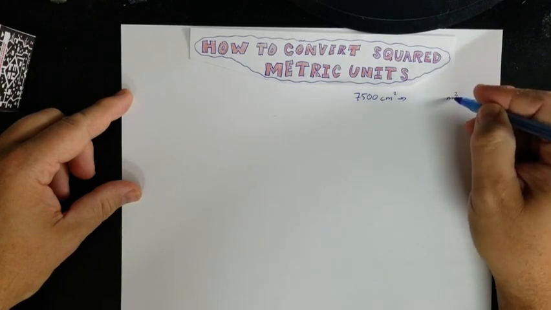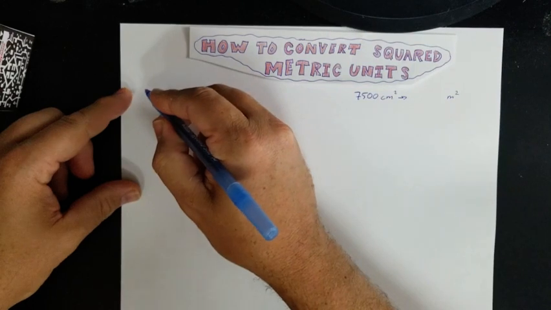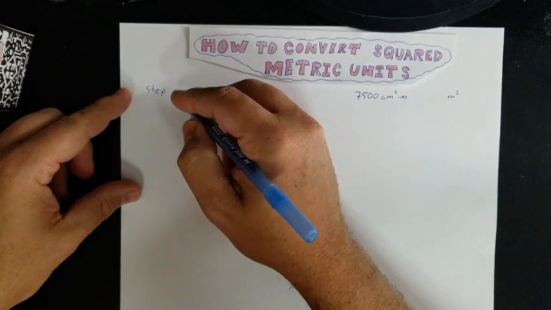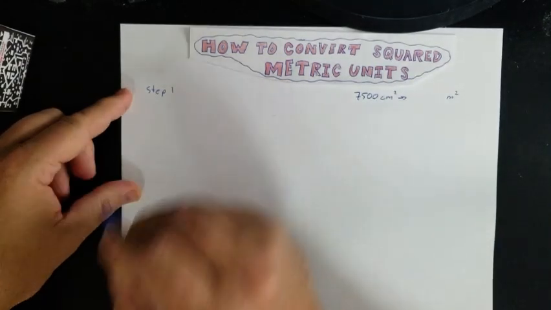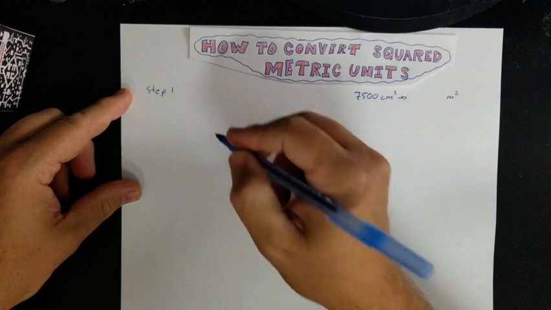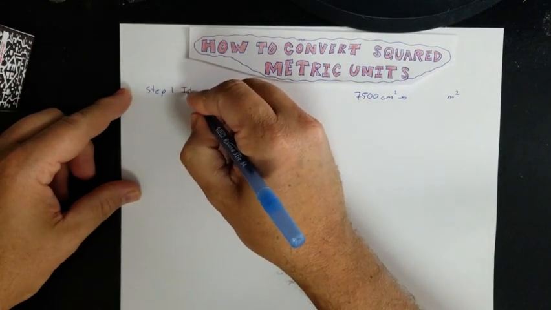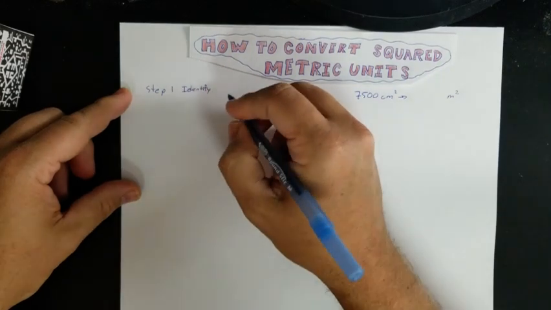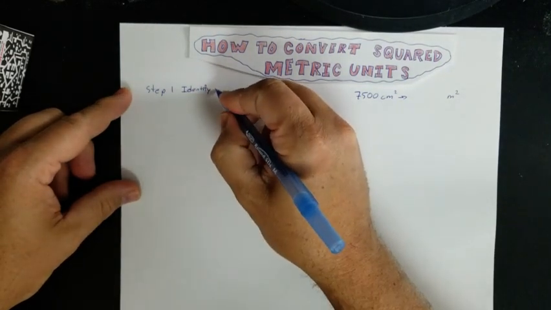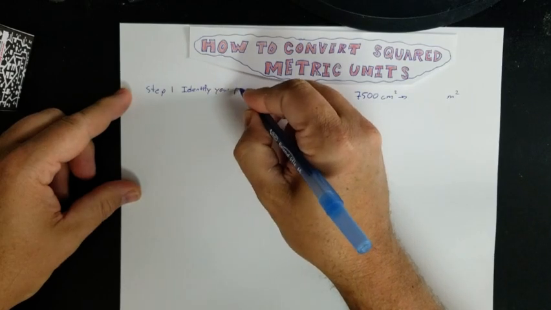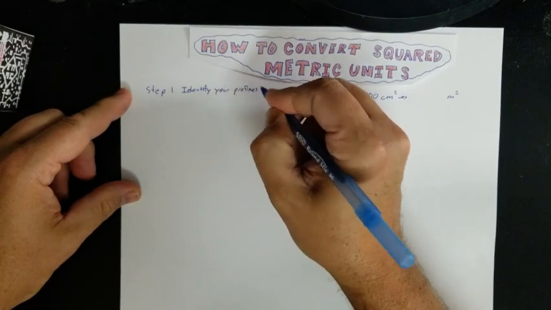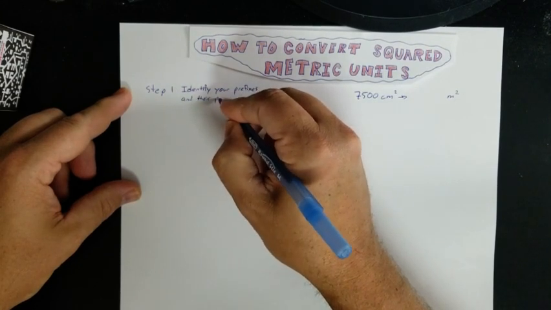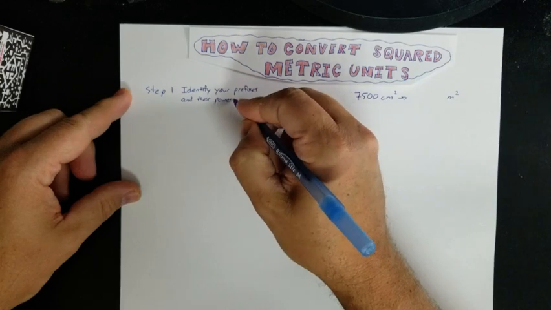So here we have a squared unit. So we're going to follow the regular steps. So I'm going to first of all go through the 4 steps of just converting, and then we'll add one extra step called step 5. So step 1, though, is you identify your prefixes and their powers, or their powers of 10.